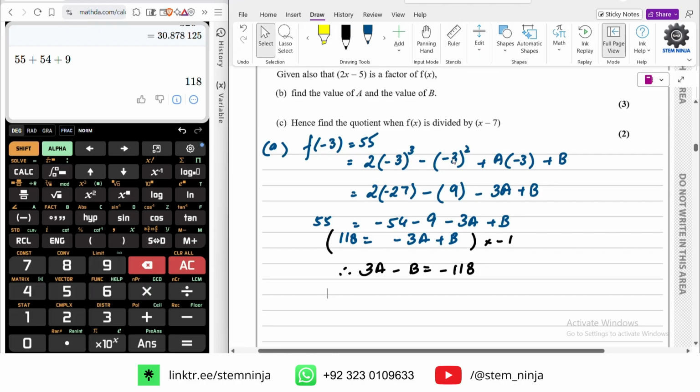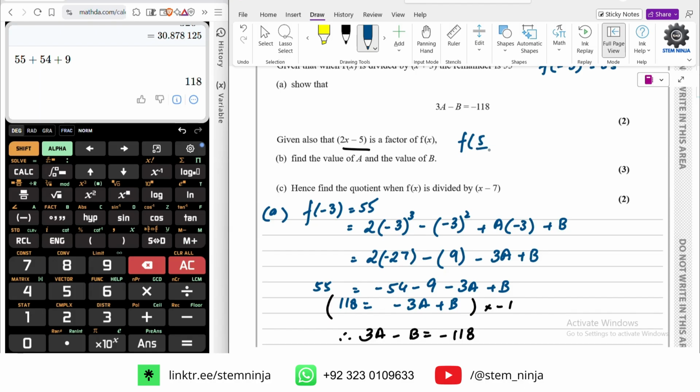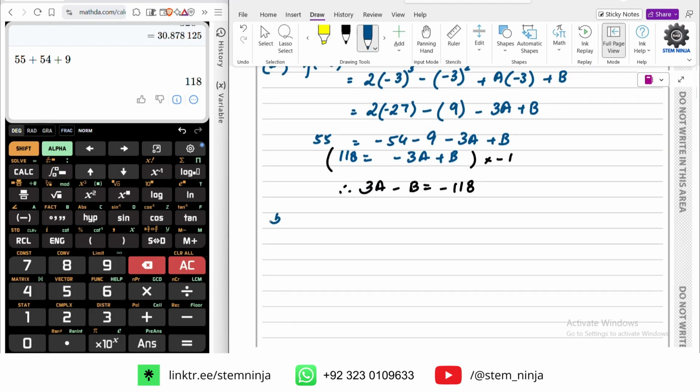Right, okay. Given also that 2x minus 5 is a factor of f of x, that means f of 5 over 2 would be 0 using the factor theorem. So, right, okay. Find the value of a and b. Okay, so basically we have another condition to solve simultaneously. So f of 5 over 2.